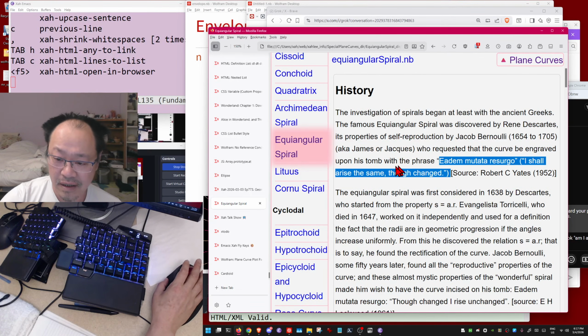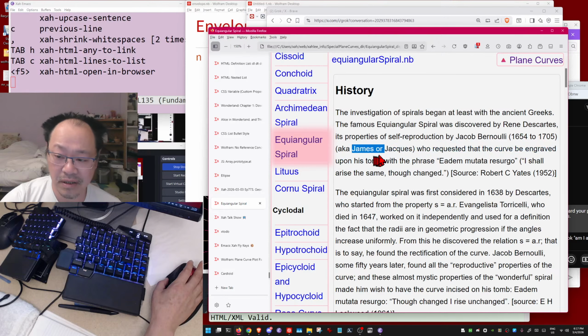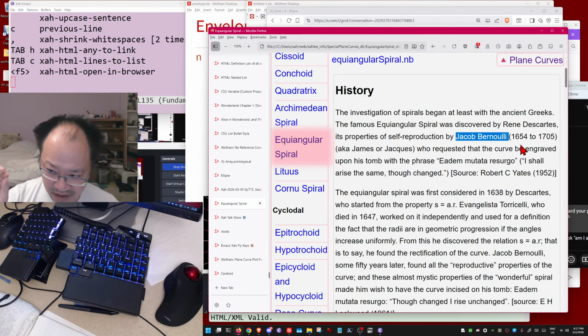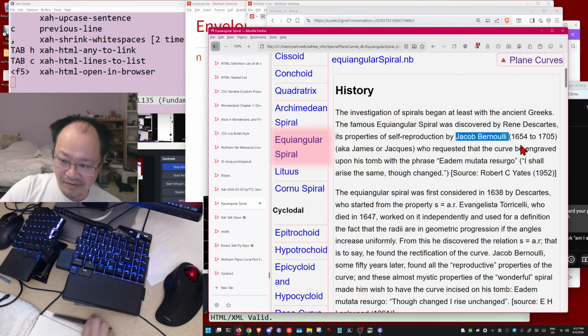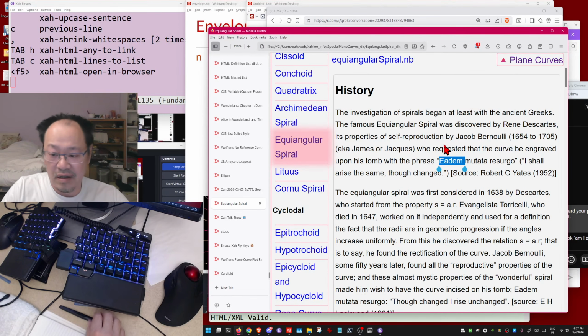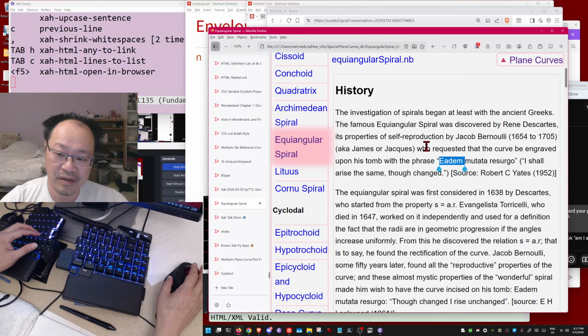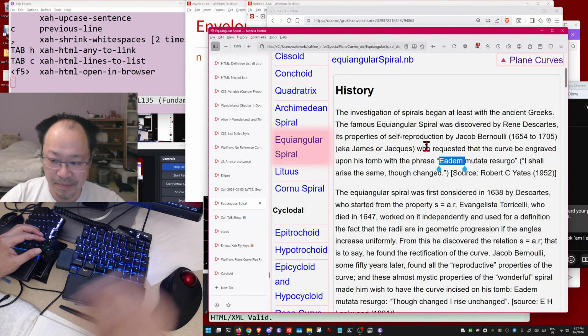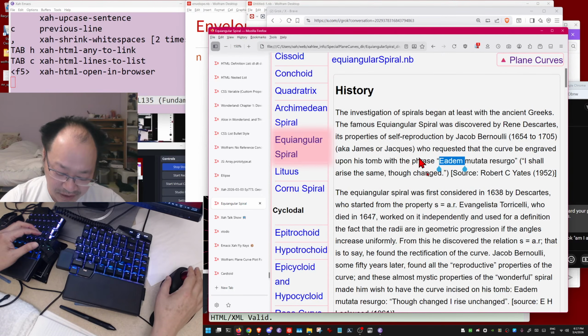This guy, Jacques Bernoulli, was one of the Bernoulli mathematician family, who lived in the 1600s. You can go to Wikipedia and see the tomb, but I don't think it's the original. People rebuilt it because it became very famous.